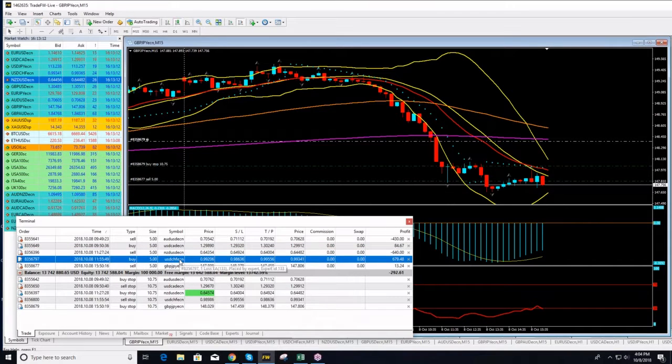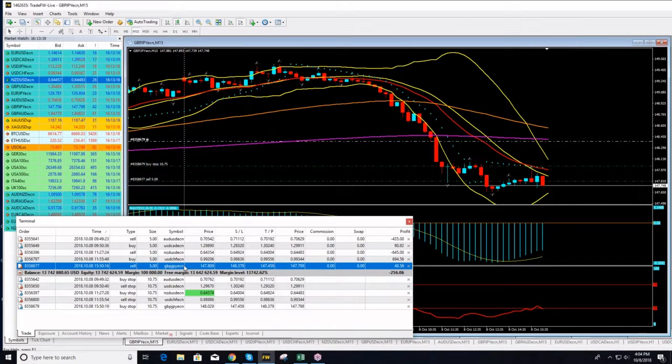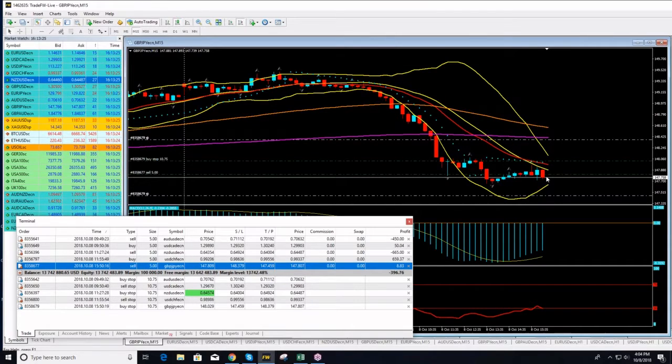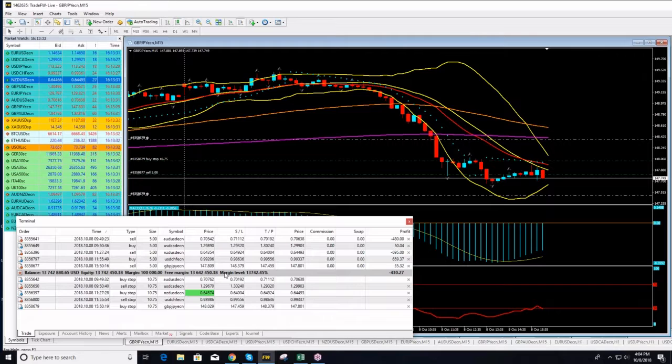Our best performer for the moment is still, since the morning, dollar CHF, but I suspect that soon pound yen will become our best performer, since I'm expecting a sharp decline on pound yen to happen, hopefully within our live trading room session in the afternoon. So these are my current Forex updates.